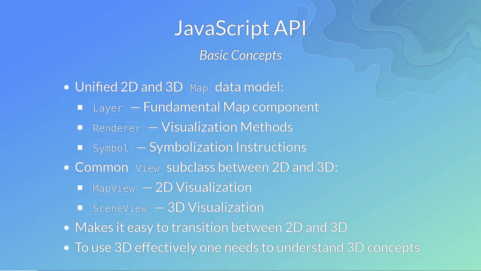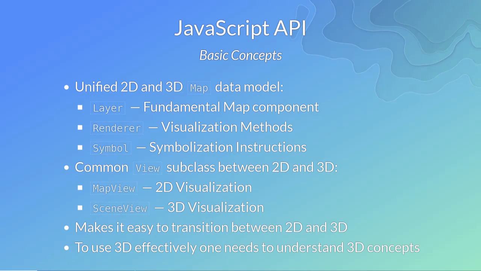So the map is our main data container for the 4x API, and a map consists of layers, which are the fundamental map components, as you might know, feature layers, scene layers, those things. And every layer has a renderer that tells the API how to visualize things available in that layer, and the renderer itself is composed of symbols which have specific visualization instructions for data items found in that layer.